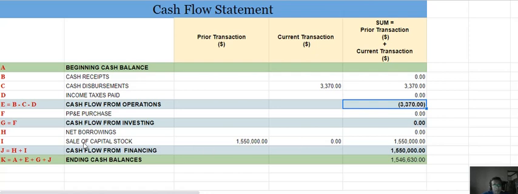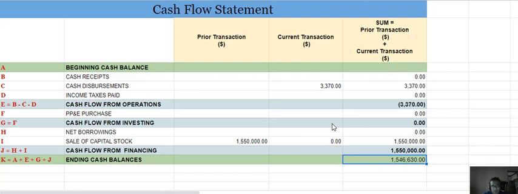There is no sales of capital stock, right? There is no current transaction for sales of capital stock. Prior transaction is $1.55 million. Now here you can see my ending cash balance is $1.54 million. Now this is my cash flow statement.